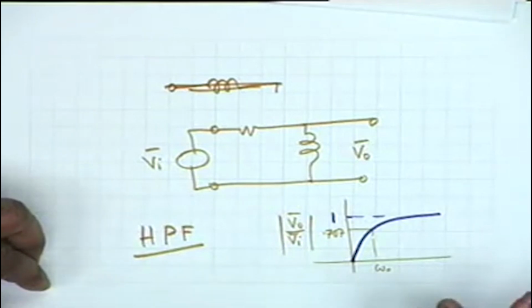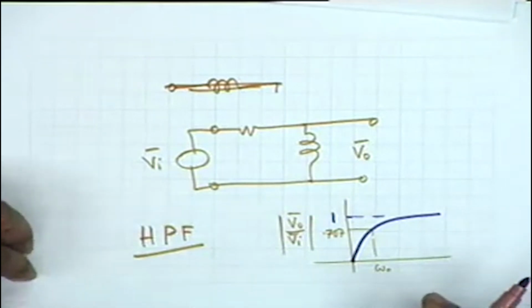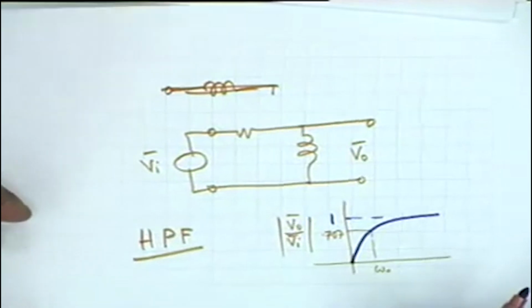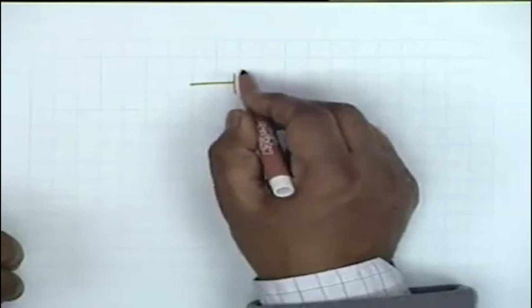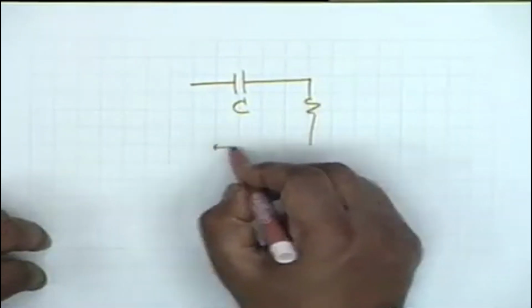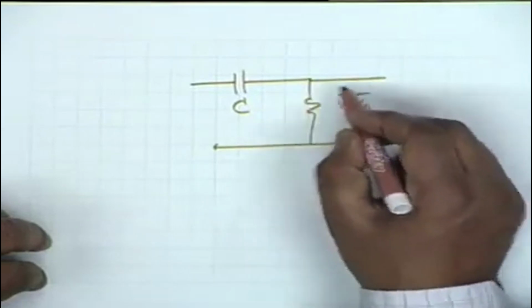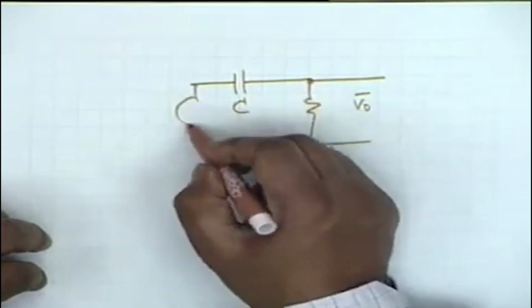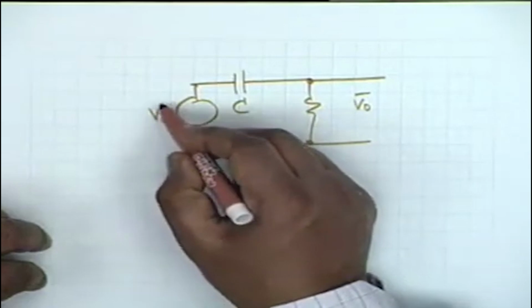It does not take very long to show that the circuit containing a capacitor and a resistance, what kind of circuit is this?